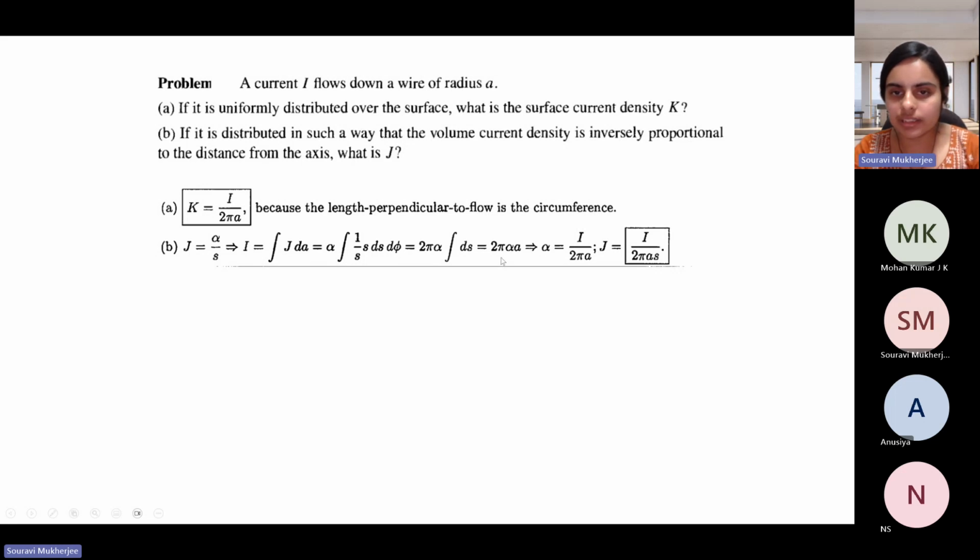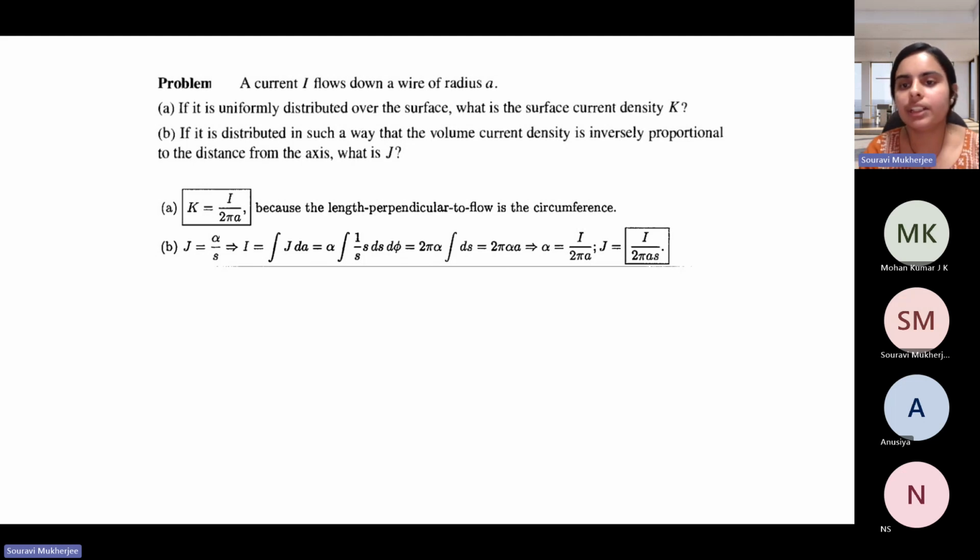Then these are just calculations which give you how the volume current density will look like. So in a way this tells you that depending on which coordinate system you are in, or how your structure is, you have to use these concepts to express how the current gets distributed over a surface or over a volume.